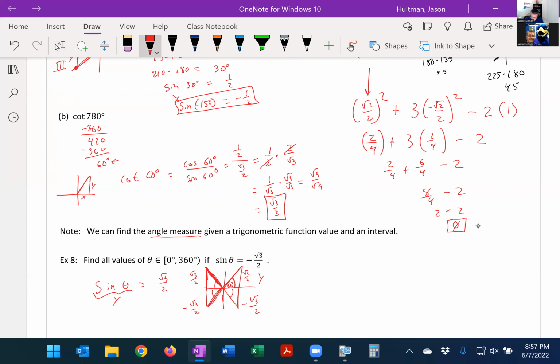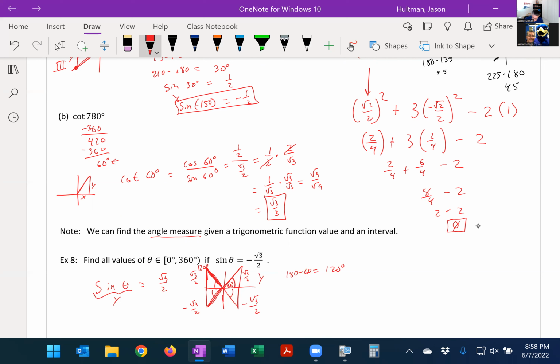Well, what is 180 minus 60? That's 120 degrees. 60 is a reference angle for 120. However, it gives me a positive, so I can't use 120. How would I find the next angle using the reference angle of 60?